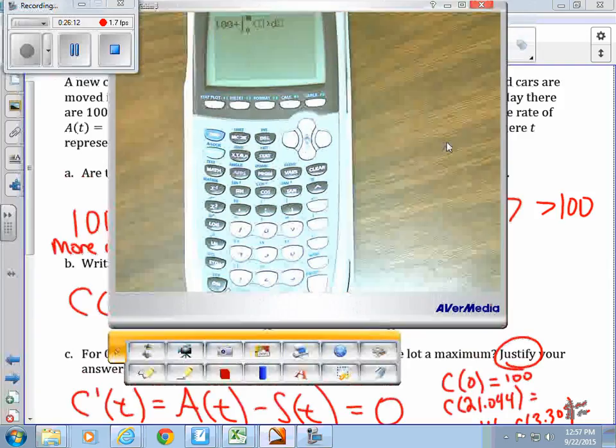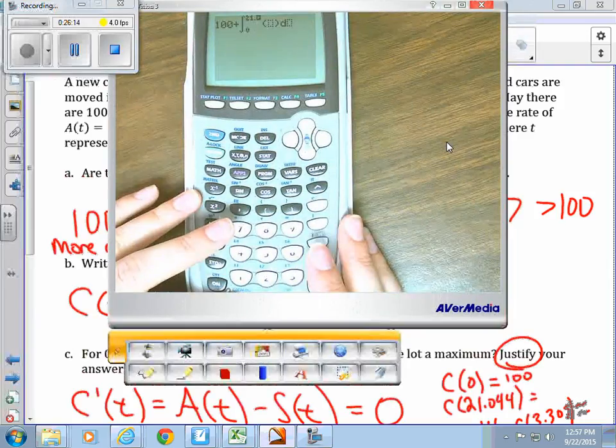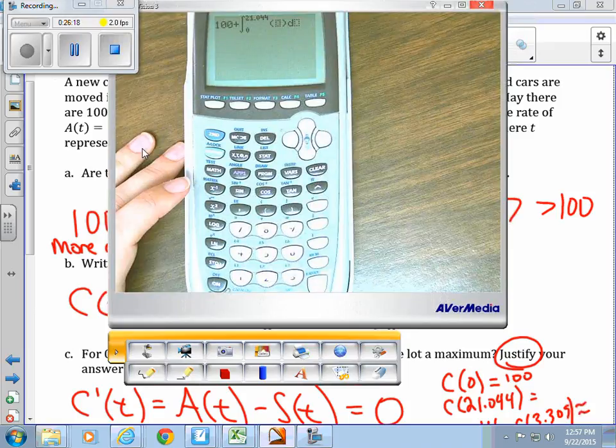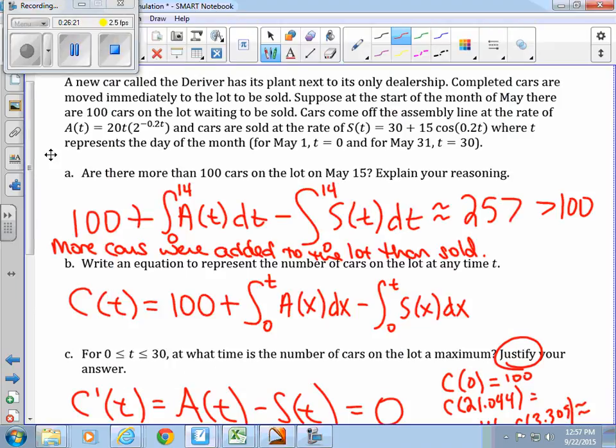So I'm going to skip to the 21.044. A of x, or A of t, which is 20. If you want to use x, you can. If you want to use t, you can. That's up to you.